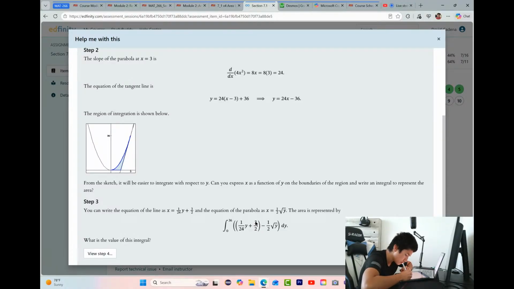Divided by 20 both sides. And that's x, right? y over 20 plus 1.